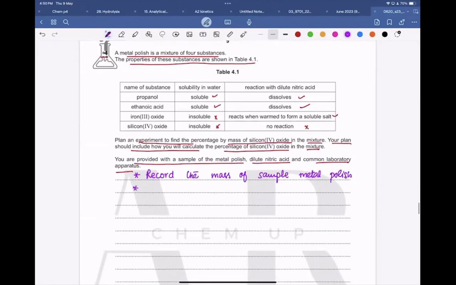Now, afterwards, what are you going to do? You are going to add dilute nitric acid to it. So what will happen? On adding dilute nitric acid to the metal polish, all the propanol dissolves in nitric acid, and all the ethanoic acid also gets dissolved in nitric acid, right?